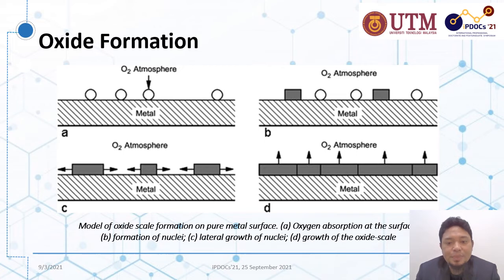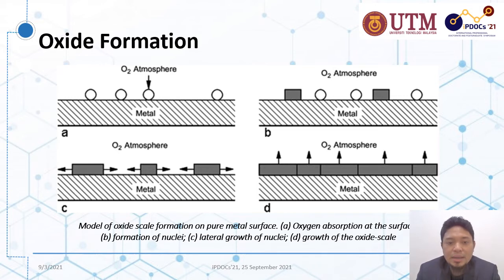Here is the model of the formation of the oxide scale. Here we can see the atmosphere in a is absorbed on the surface of the metal. Then the oxygen creates nuclei.